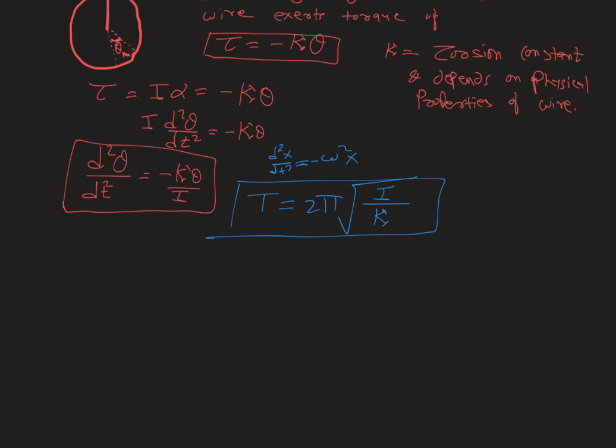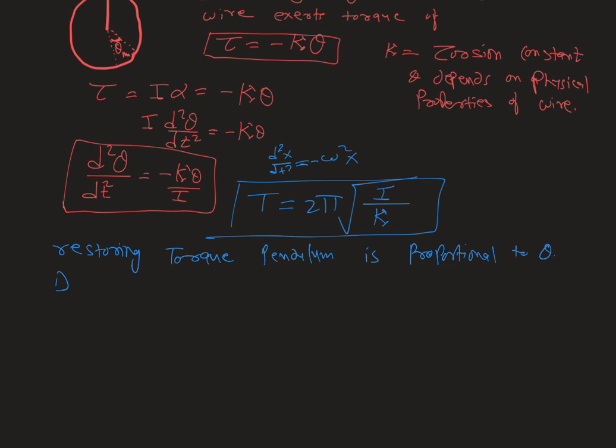The reason is that in the simple pendulum, we have a proportionality with sine theta for the restoring force. And in a torsion pendulum, your restoring torque is proportional to only theta, not proportional to sine theta. That's the basic difference between the simple pendulum and the torsion pendulum.